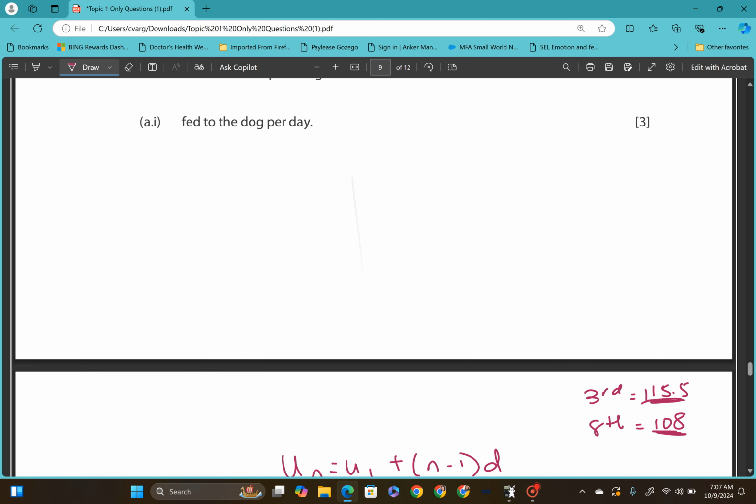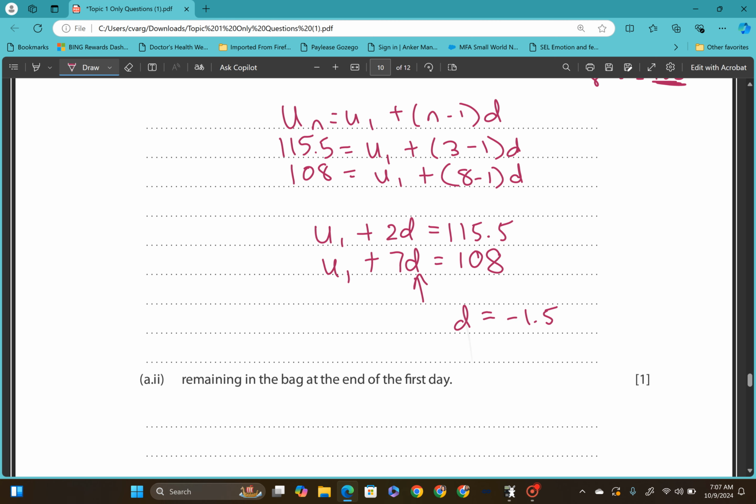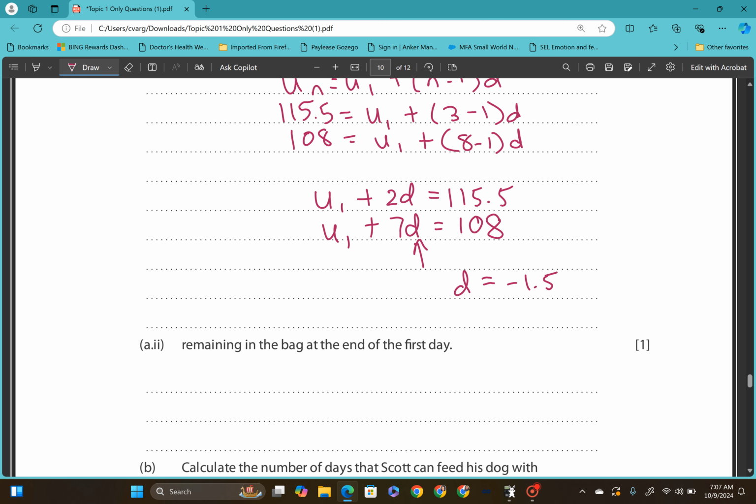The dog is consuming, that's where the negative sign comes from, but the final answer is just 1.5 cups per day. You've got to take this and apply it to the problem. So 1.5 cups per day is our answer. Don't put the negative sign. We know that the dog is eating the food as opposed to getting the food.